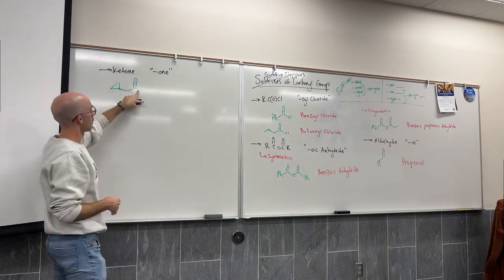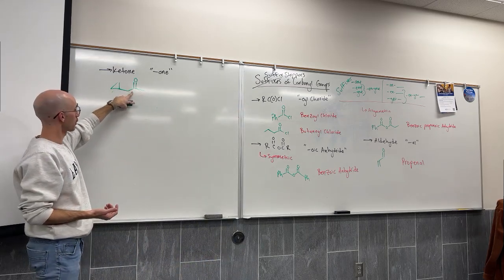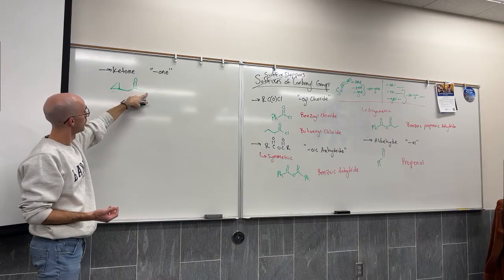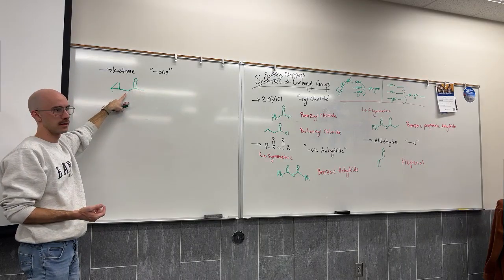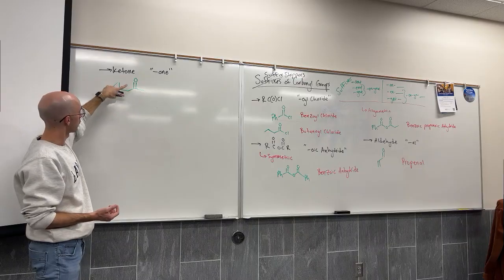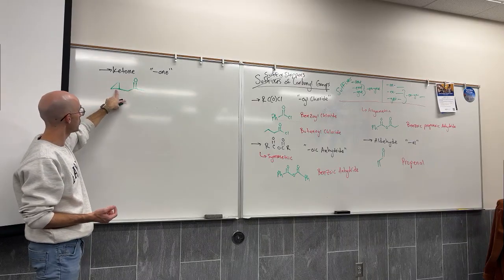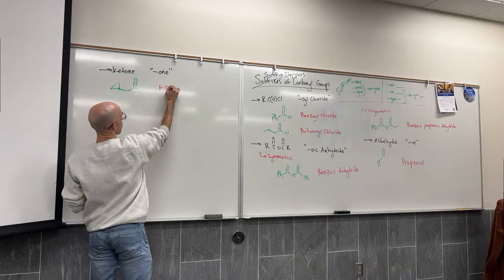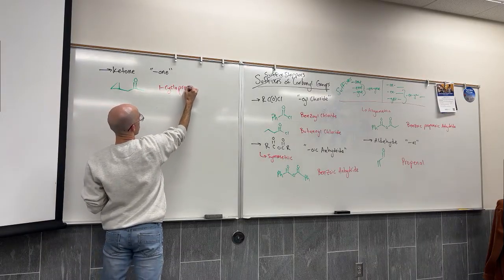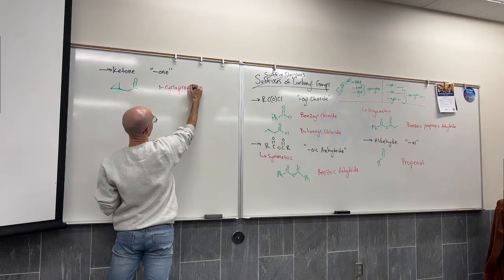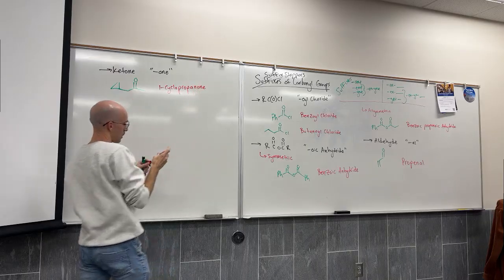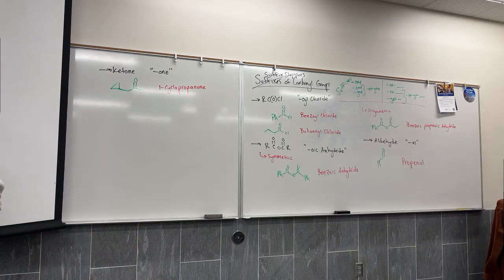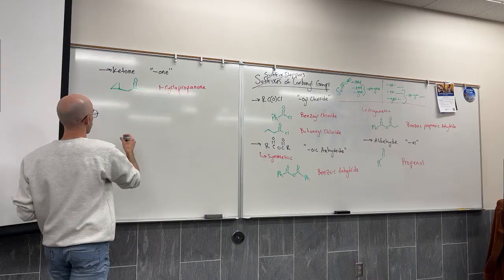So I have a 3-carbon chain, and the question is, should I number from the left or from the right? Here I'm going to number from the left because then my cyclopropyl substituent gets its lowest position. So I'd call this 1-cyclopropylpropanone. There's really only one place the ketone can be on propanone, but otherwise I might need to name where the ketone is.